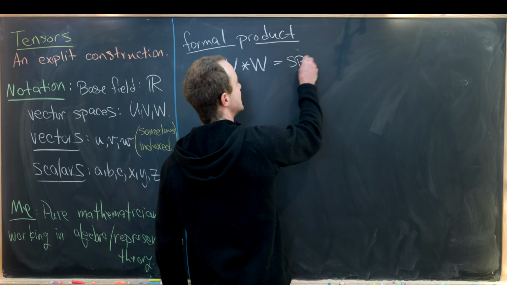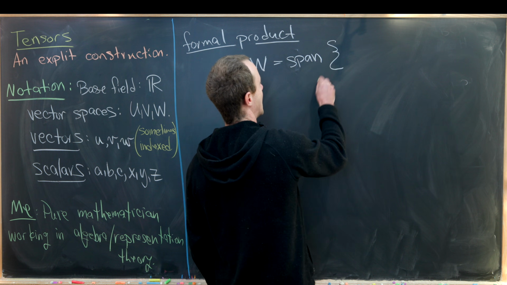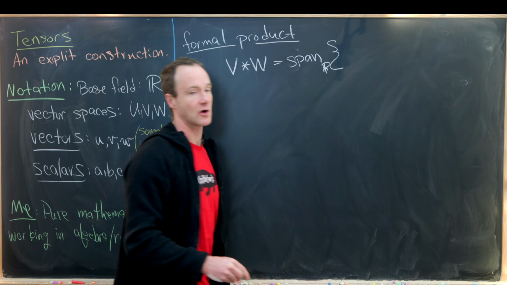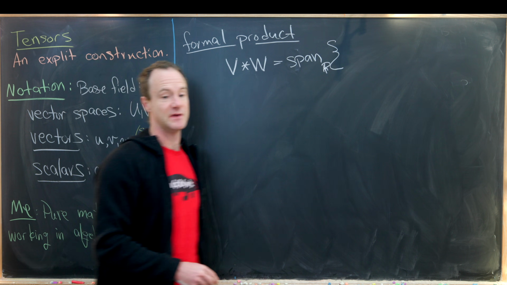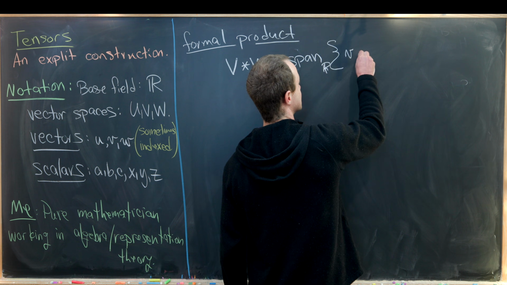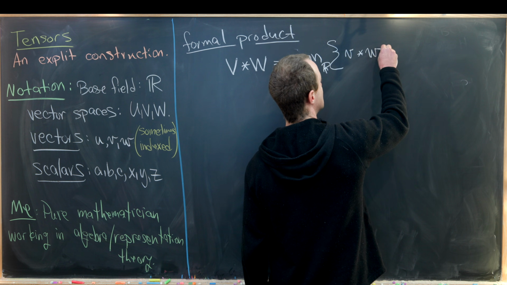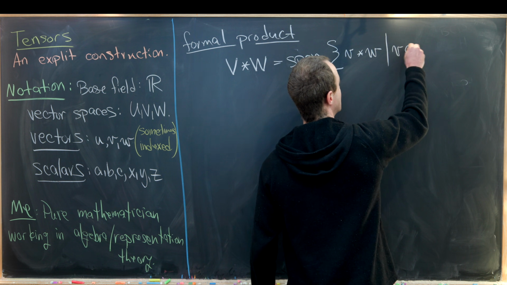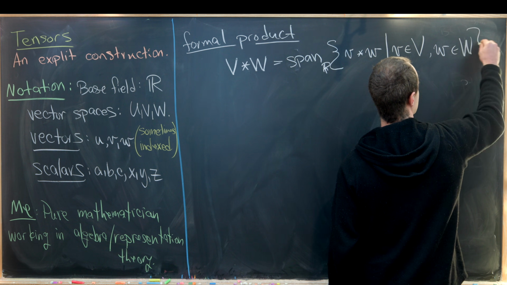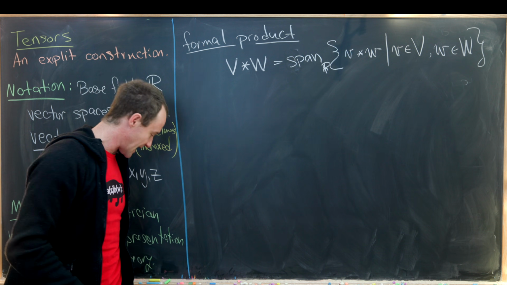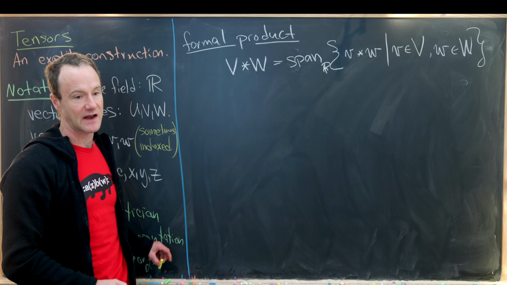Well, that's going to be the span, over R. So it's creating a new vector space, and it's going to be the span of symbols little v star little w, where little v comes from big V and little w comes from big W. So it's the span of all symbols of that form.